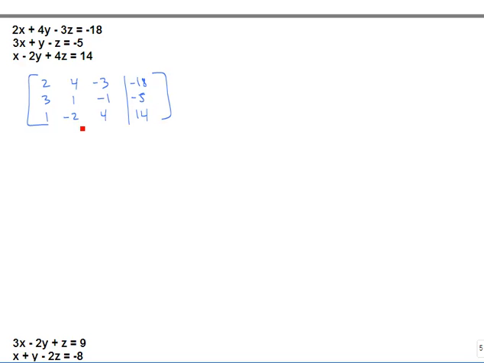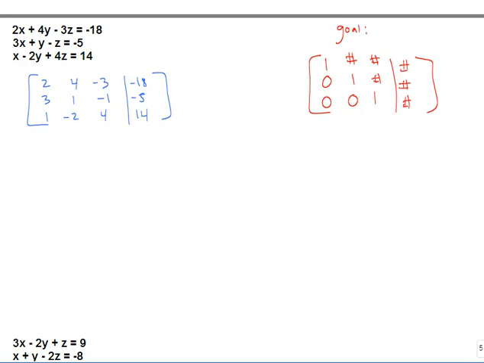Now, because this is a bigger system, we have a more involved goal in mind. We still want to get those 1s along the diagonal, but this time there's going to be 3 1s along the diagonal. We need to get zeros below that diagonal and numbers above and to the right of that vertical line. So this is what the reduced row echelon form is going to need to look like.